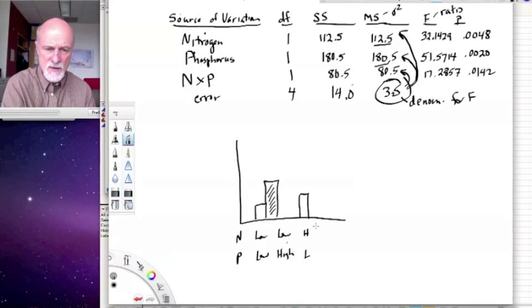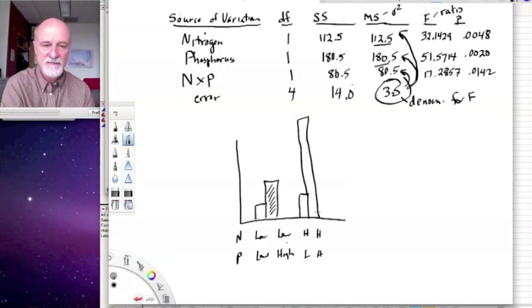Okay, so we're just looking at the phosphorus effect with the different colors here. And if I go to high nitrogen and high phosphorus, then what we end up with is, I think I have 19, a big number.